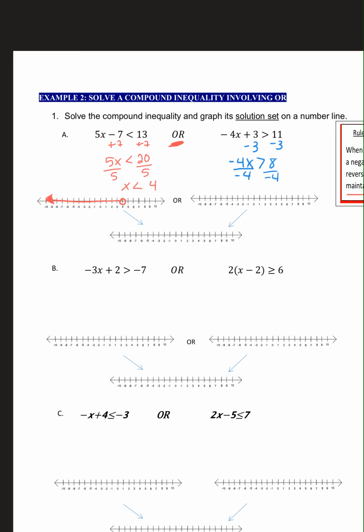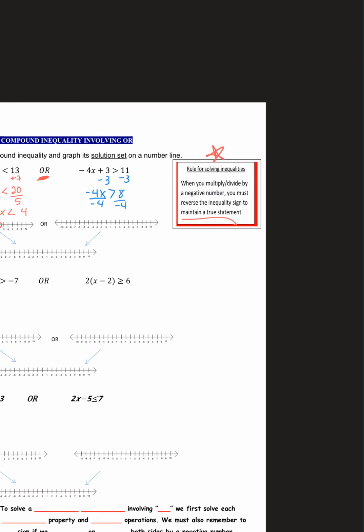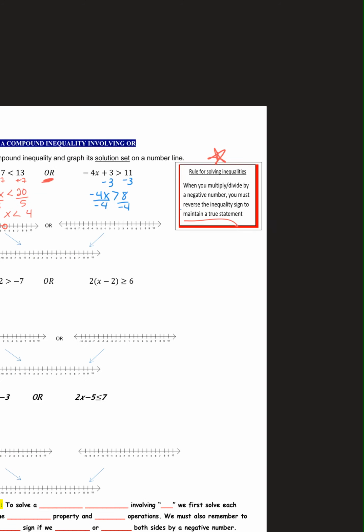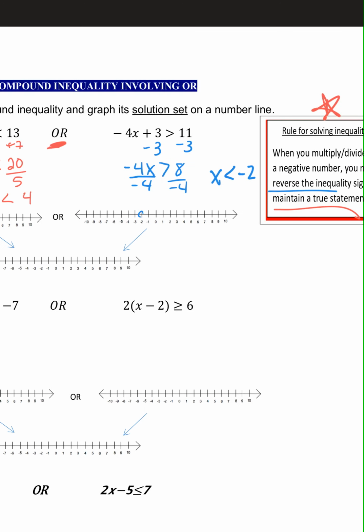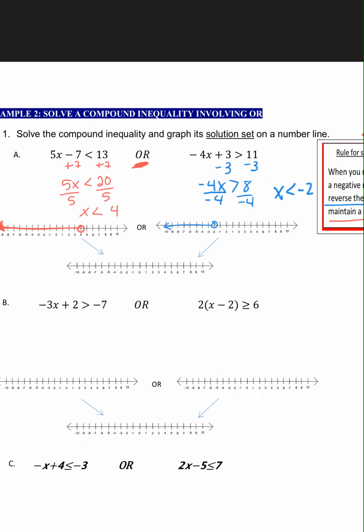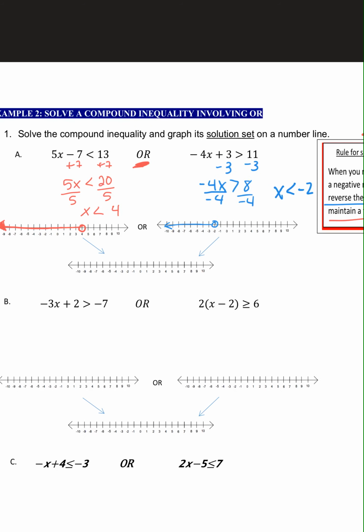And when I divide both sides by -4, I know that I need to flip the inequality sign. So I get x is, instead of greater than, it's going to be less than -2. So -2, open circle. And I see that x is all the numbers less than -2, so we go to the left. Now I'm going to combine these two graphs together.